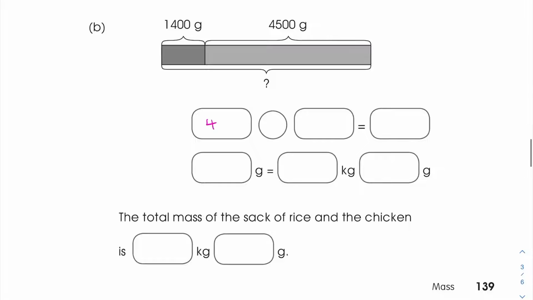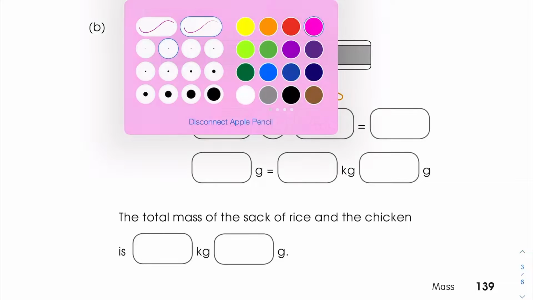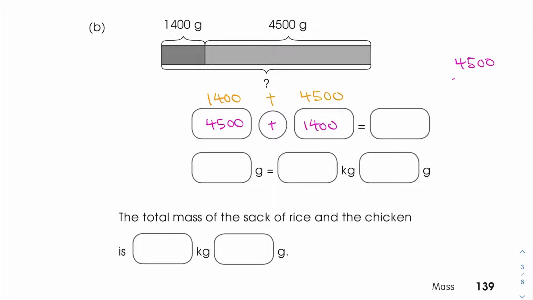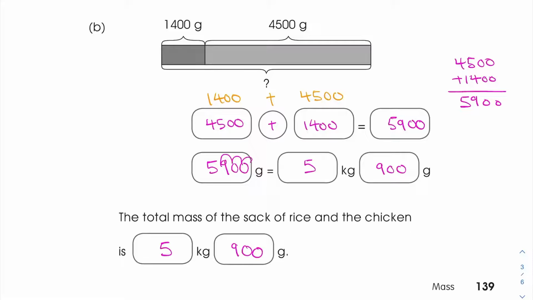Either you can take 4,500 plus 1,400, or you could also use 1,400 plus 4,500, and you should still get the same answer of 0, 0. 5 plus 4 is 9. 4 plus 1 is 5. 5,900. Which is also 1, 2, 3. So 5 kilogram, 900 gram. So the total mass is 5 kilogram, 900 grams.